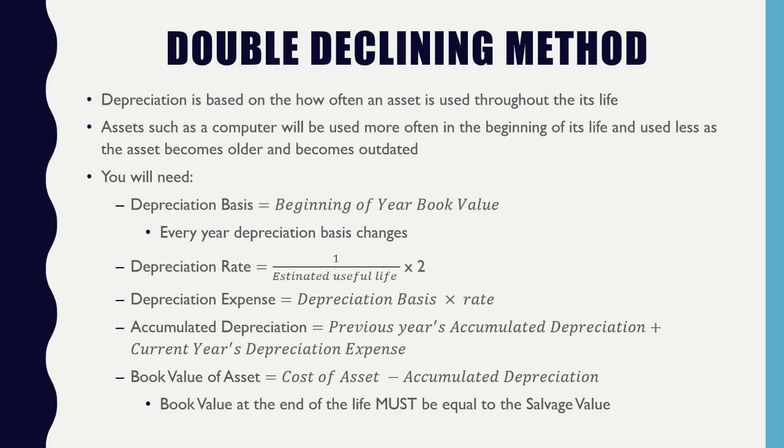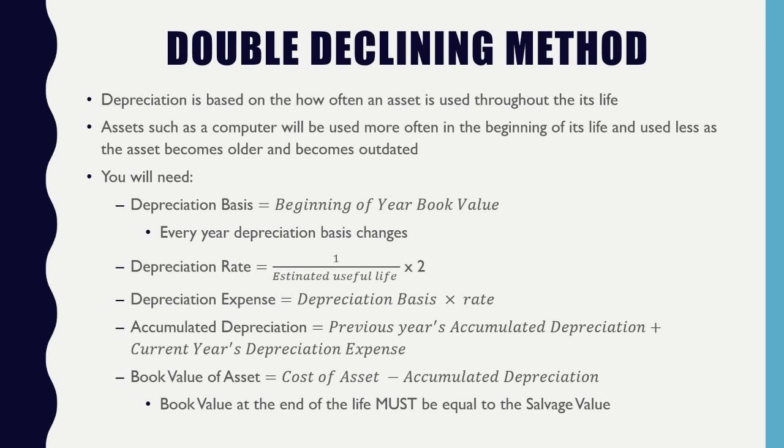So in this case, the depreciation basis is definitely different between the units of production and double declining. Instead of taking your asset cost minus its salvage value, this time we're focusing on the beginning of the year's book value. Because we're constantly calculating the book value at the end of a year, it becomes the beginning of the year.